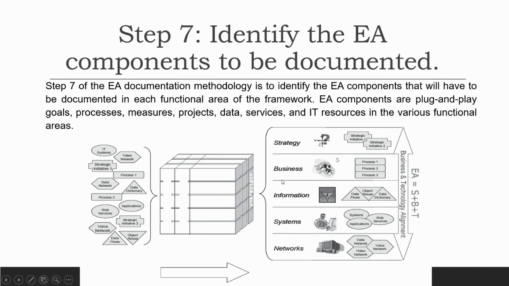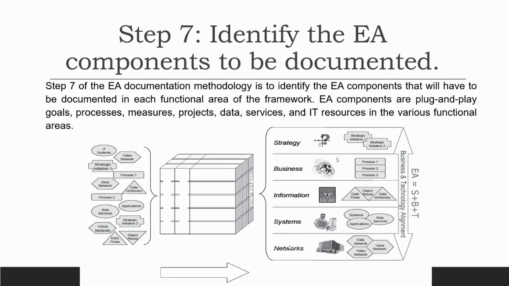As you can see here, we have the components, with sub-units of strategy, business, information, systems, and networks. EA components are changeable or flexible codes, procedures, standards, and resources that may be used across the organization and are not limited to a single line of business or segment.